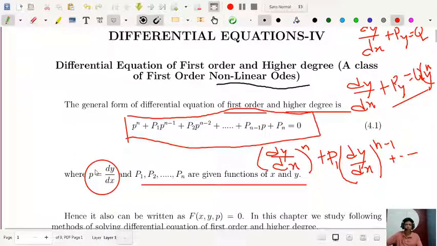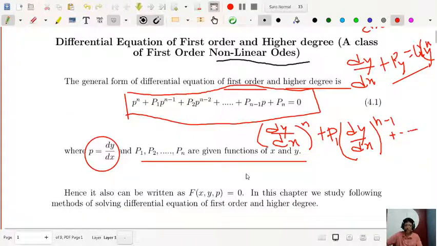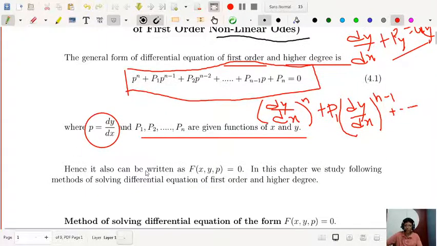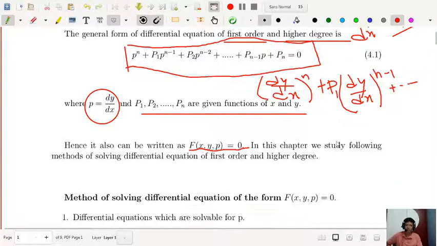If you encounter small p, you have to assume that it represents dy/dx. Now this equation can also be written as a function of x, y and p, that is f(x, y, p) = 0, because your equation involves p, that is dy/dx, and some functions of x and y.